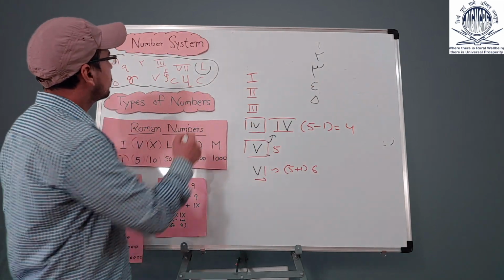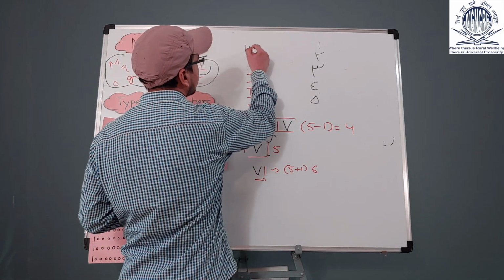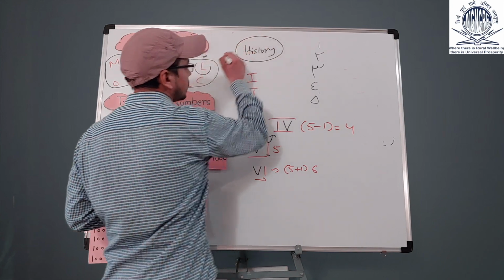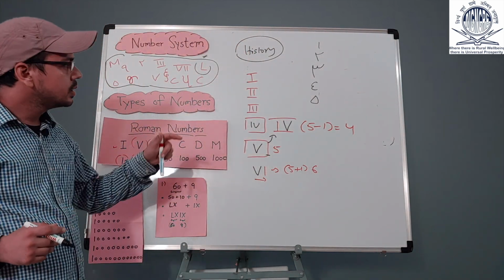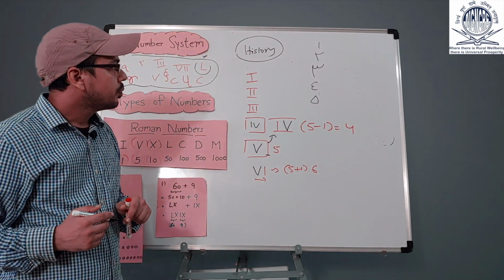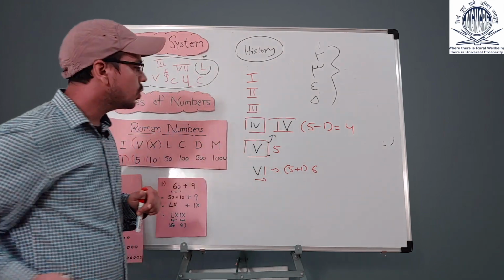So when we're talking about number systems, we need to understand that in history various civilizations made various symbols through which actually we are trying to make some numbers. Now, we'll come back to these kind of number systems later.